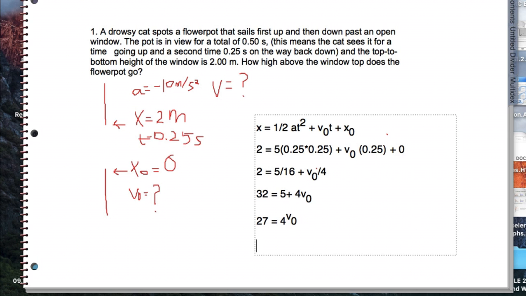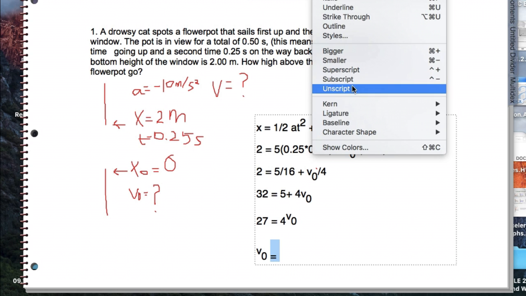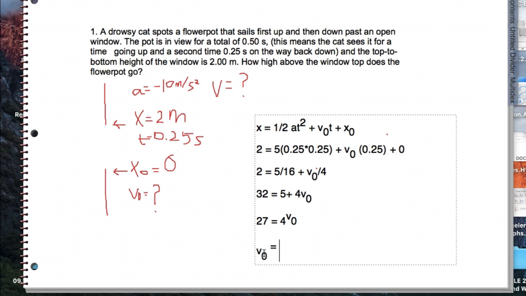So V naught is equal to 27 divided by 4.